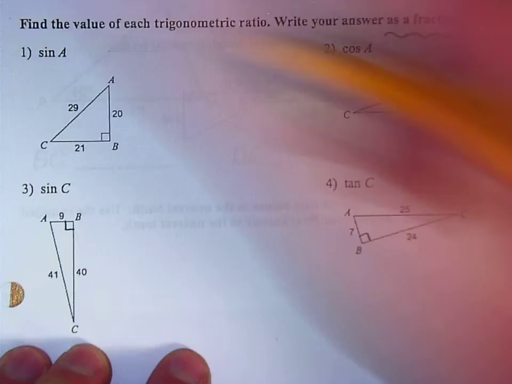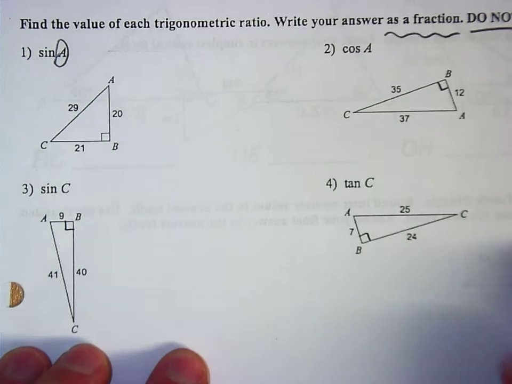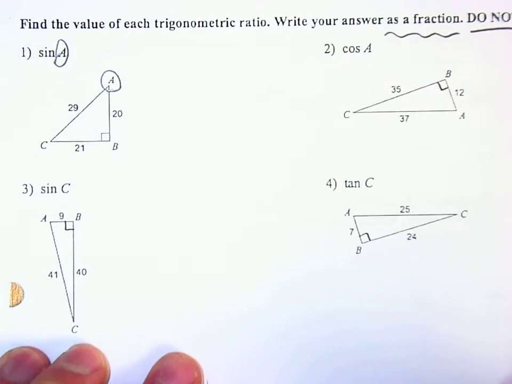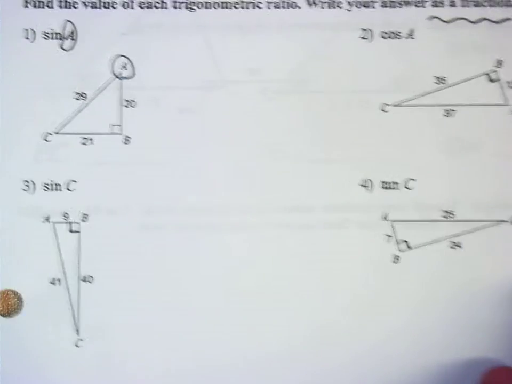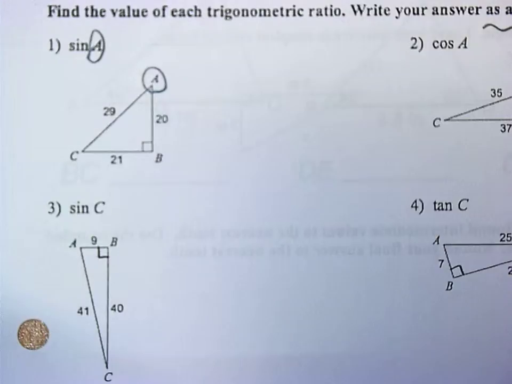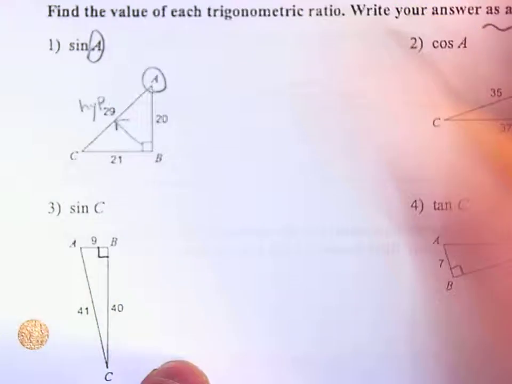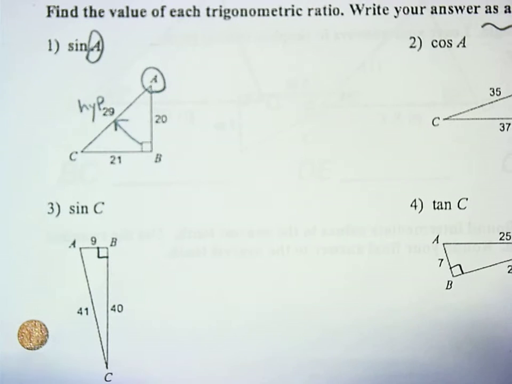So if they want sine of A, there's our angle A, and it's always a great idea to circle your angle. Circle the angle you're working from. Circle your starting point. The next great idea we can have for ourselves is to identify the hypotenuse of a triangle. The reason that's a good idea is because it's the easiest to find. We just take that right angle and then we go across from it.